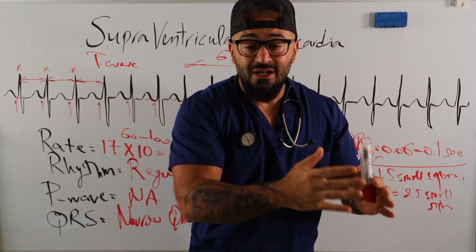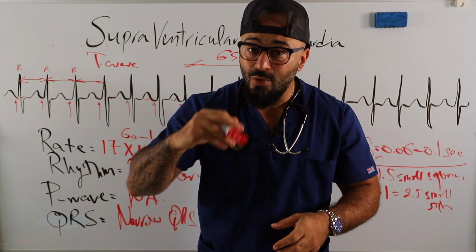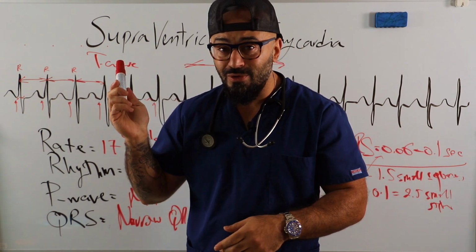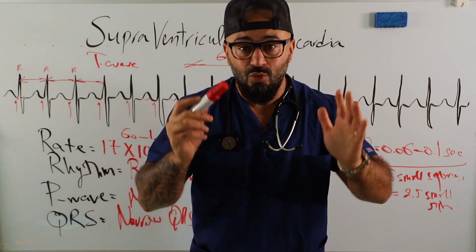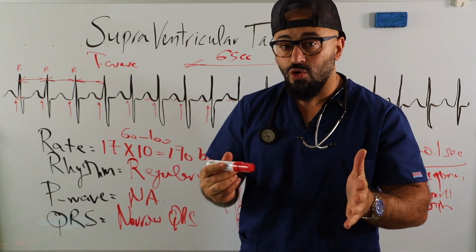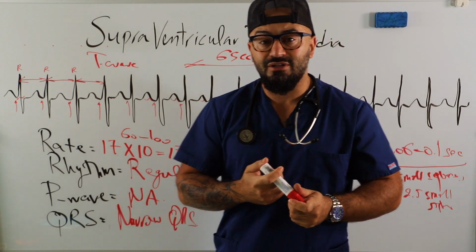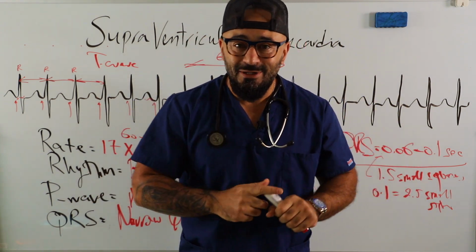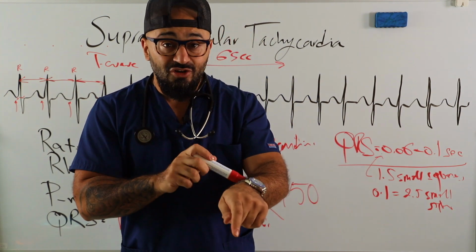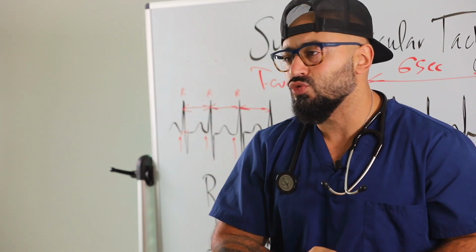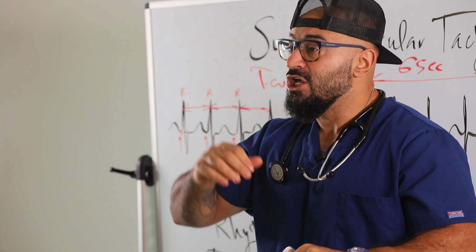Now, whether you get the heart rate controlled or not, now you want to convert the rhythm. How do you convert the rhythm? Usually, the physician will order adenosine. That's the number one drug of choice when it comes to supraventricular tachycardia. You start with 6 milligrams, you give it to the patient, usually in a central line. If not a central line, if you're giving it in a peripheral, you need to push 20 mLs of saline.